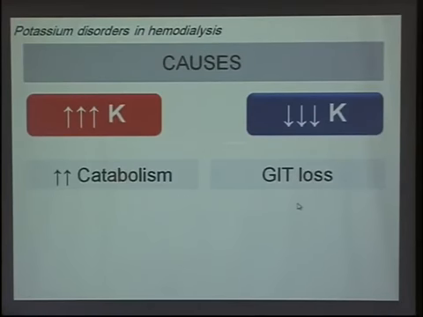GIT losses are a common cause of hypokalemia even on hemodialysis. That's why if my hemodialysis patient comes with severe gastrointestinal loss, then this must be considered. So if he is on a normal potassium bath, for example, this must be shifted to a high potassium bath and potassium must be checked.